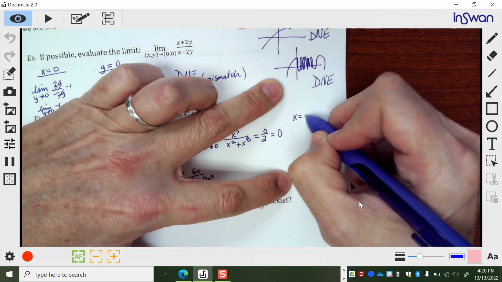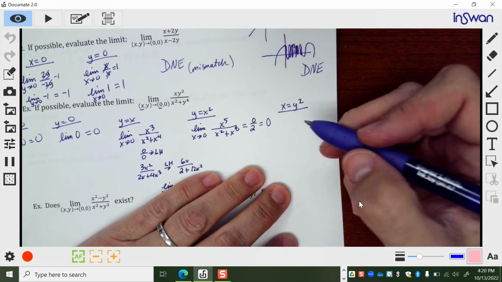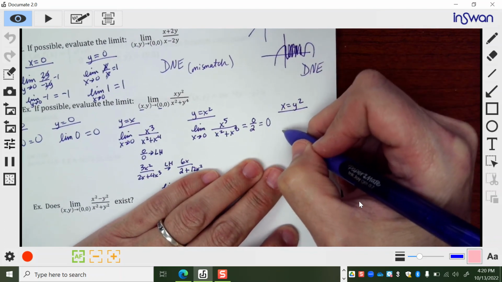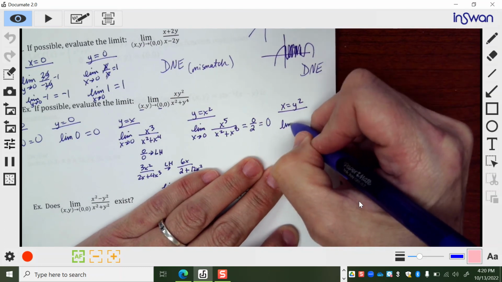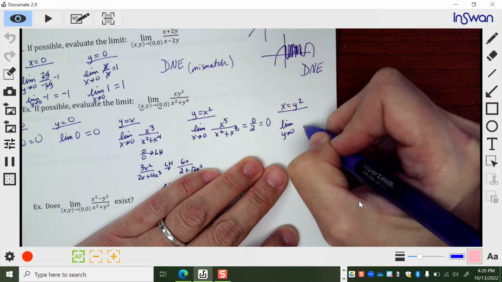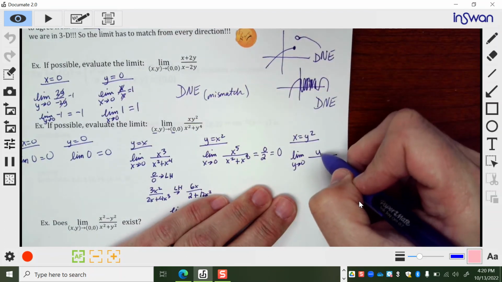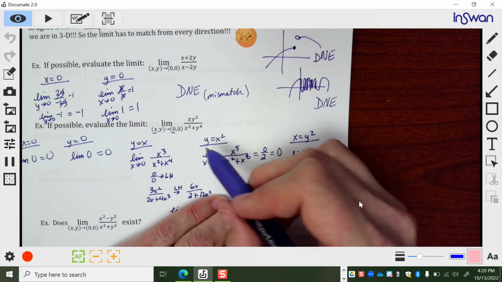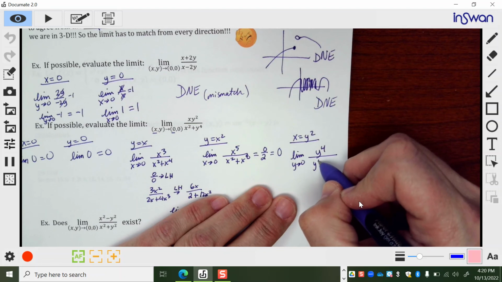Let's do x equals y squared. So x equals y squared means all the x's are now y squared. So I have my limit as y goes to 0. All my x's are y squared. So I have y squared times y squared, so y to the 4th. On the bottom, all my x's are y squared. So y squared squared is y to the 4th.